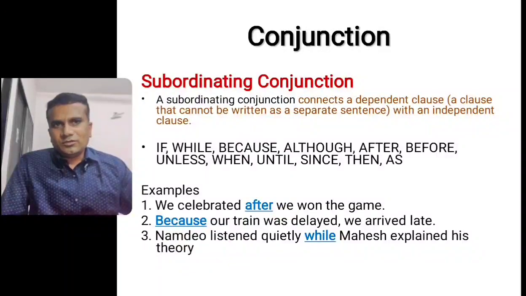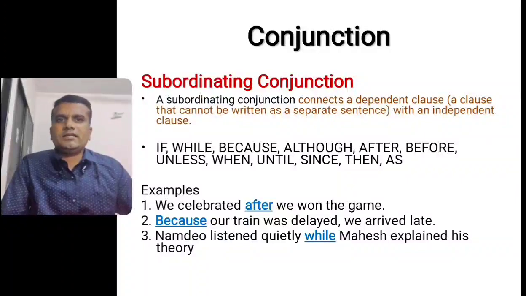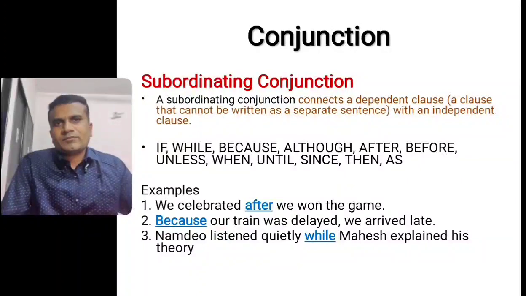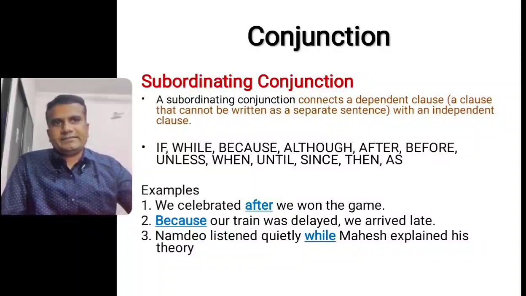So while joining a dependent clause to an independent clause, the subordinating conjunction "while" is used. And this is how a subordinating conjunction plays a role in a sentence, to join a dependent clause with an independent clause.